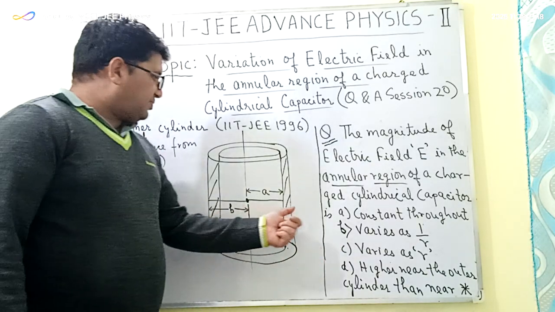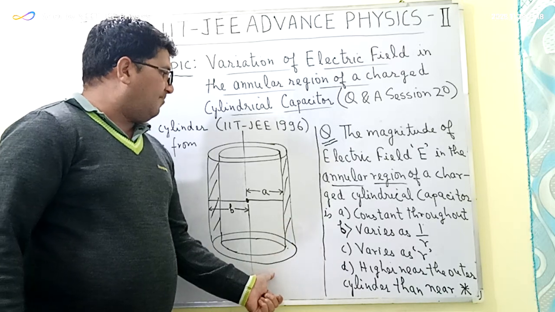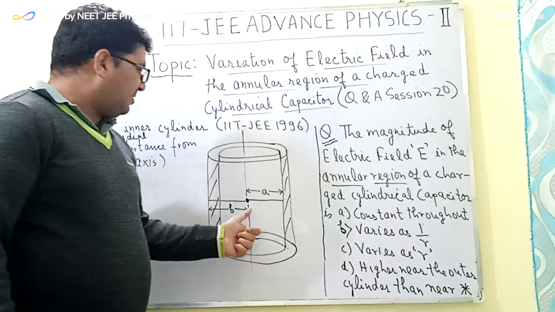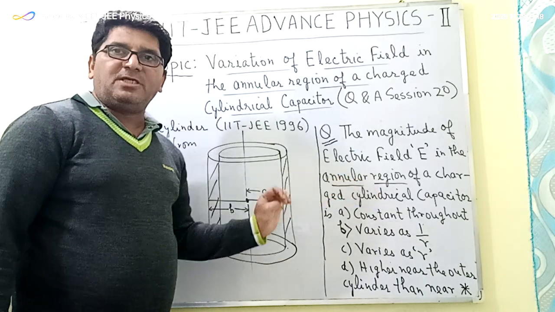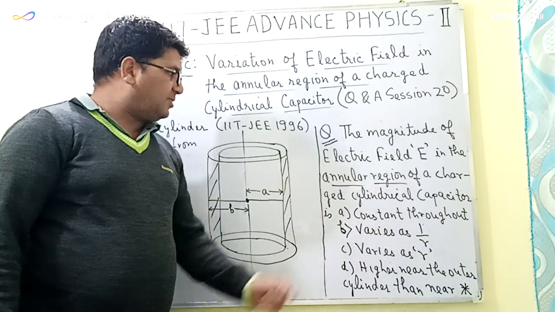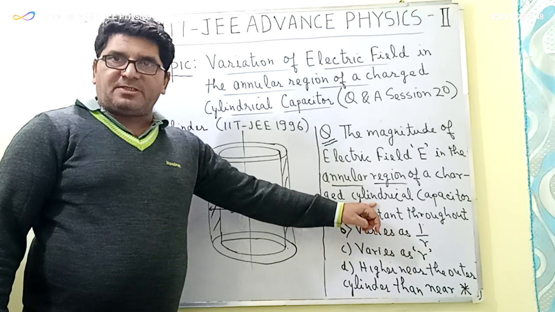In order to save time, I have already drawn a charged cylindrical capacitor here, and the annular region is basically the region between the inner radius and the outer radius of the cylindrical capacitor.